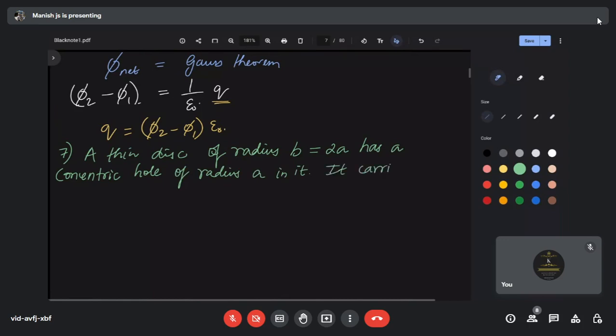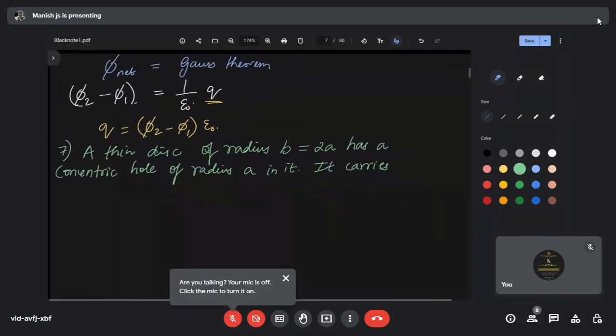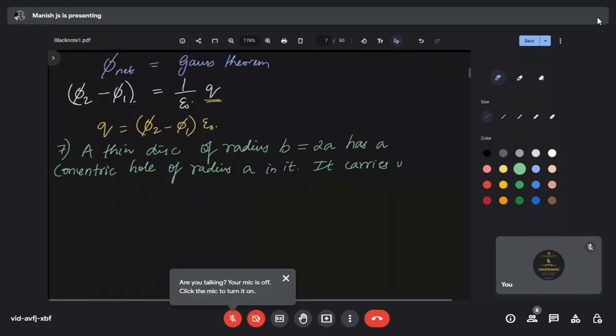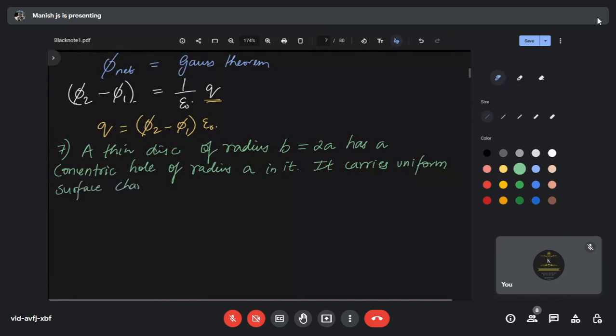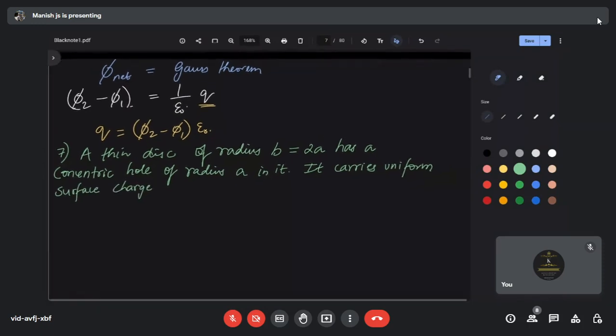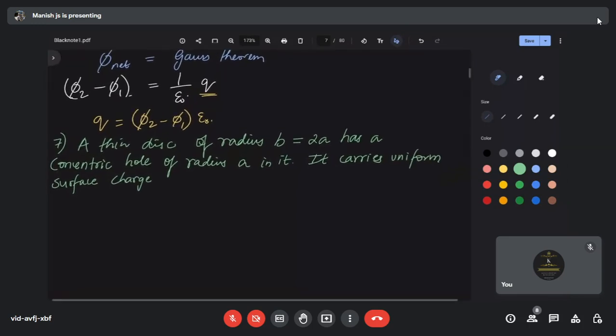It carries uniform surface charge sigma on it.